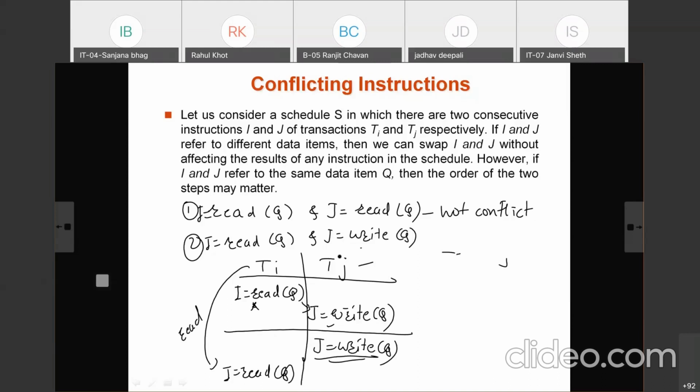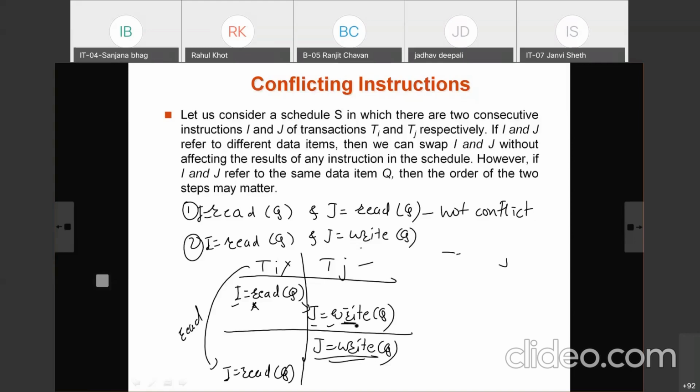See once again, suppose I is equal to read Q, meaning transaction Ti performs the read operation and Tj performs the write operation. If I first execute I and then J, first read Q and then write Q, then transaction Ti cannot read the value of Q that is written by transaction Tj.